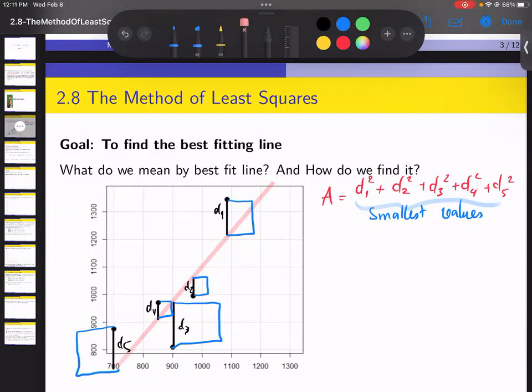Then I call this the least squares line. Why? Because that's how the method works. Basically, you add up all the squares, and you want the smallest sum of the squares.